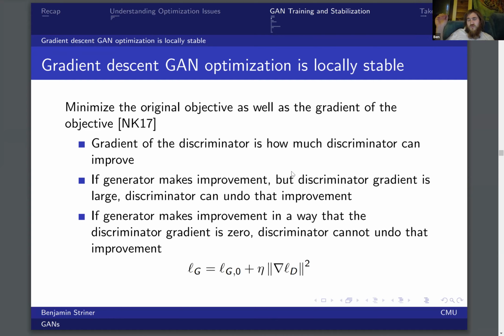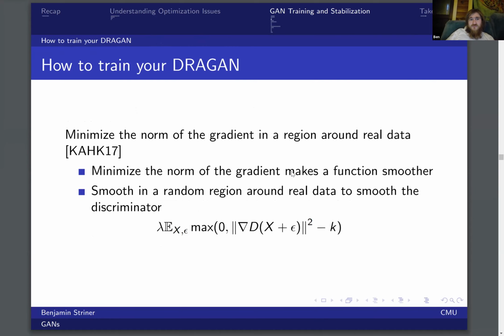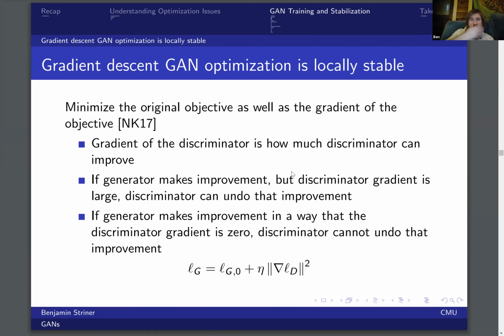So we're minimizing that gradient of the discriminator, meaning I'm doing well, but there's no way to mess that up really easily. So that's gradient descent GAN is locally stable. Simple idea, minimize the gradient. If the discriminator has nowhere to go, then you're probably doing better.